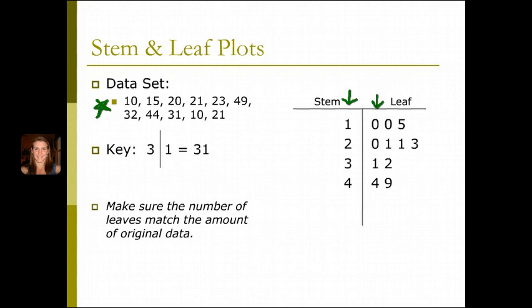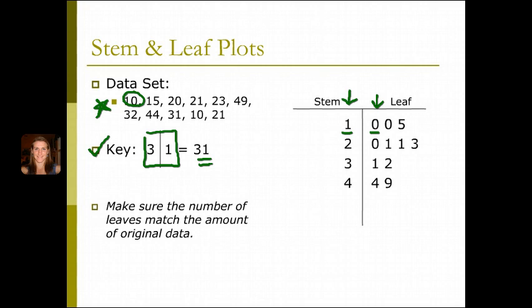Now let's take a look at our key. Our key tells us that 3|1 is equal to 31. Okay, so again, 1 and 0 stands for 10.